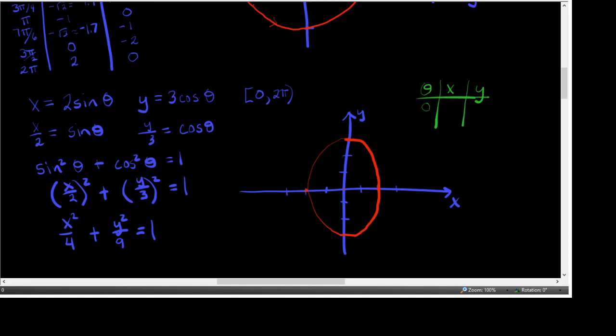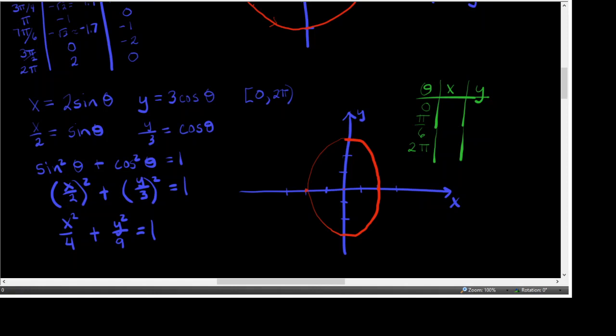I want to pick something actually close to the first theta I chose, which is a really good idea, because that will tell you for sure what direction you're moving as theta increases. And then I'm going to find out where I am at 2 pi as well. So beginning point, ending point, and a third point that's really close to the first one so that I can determine the direction of movement.